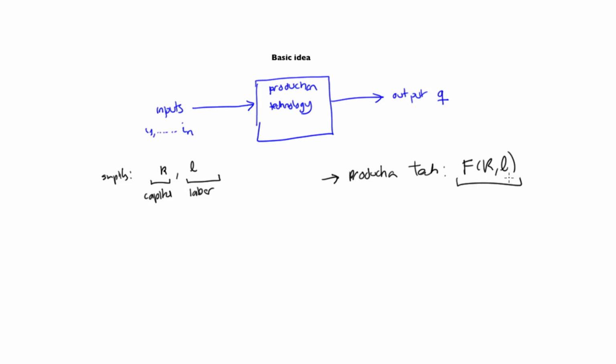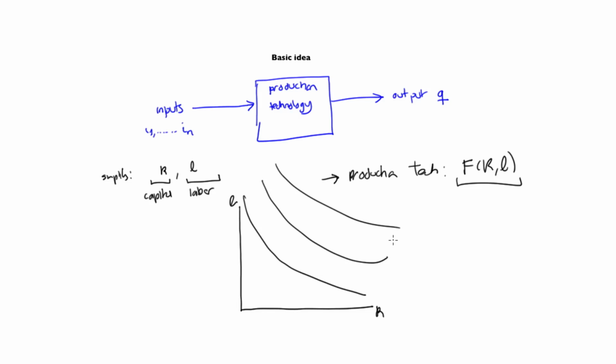It's a two-dimensional function. Graphically, this is the domain of the function, K and L. The amount of capital is coming out of the screen. We can represent the function by its level sets, which is actually something very useful to do, as you will see in this unit. Think, for example, of level sets of the function like this.